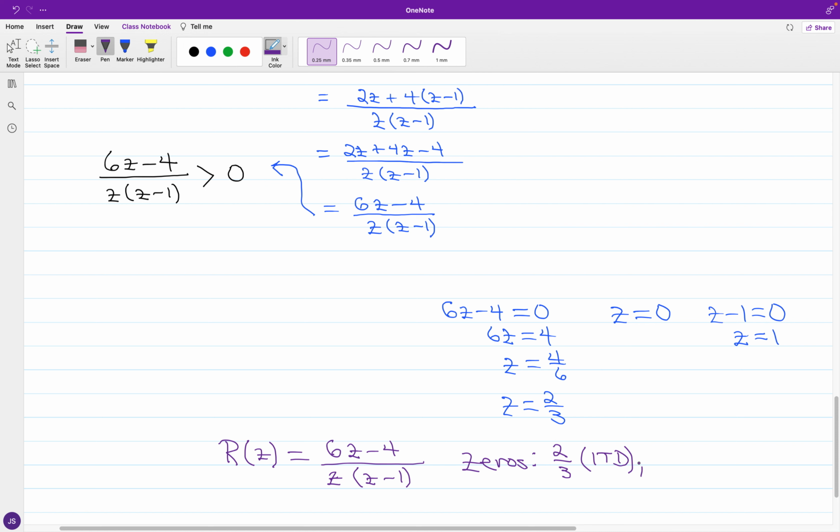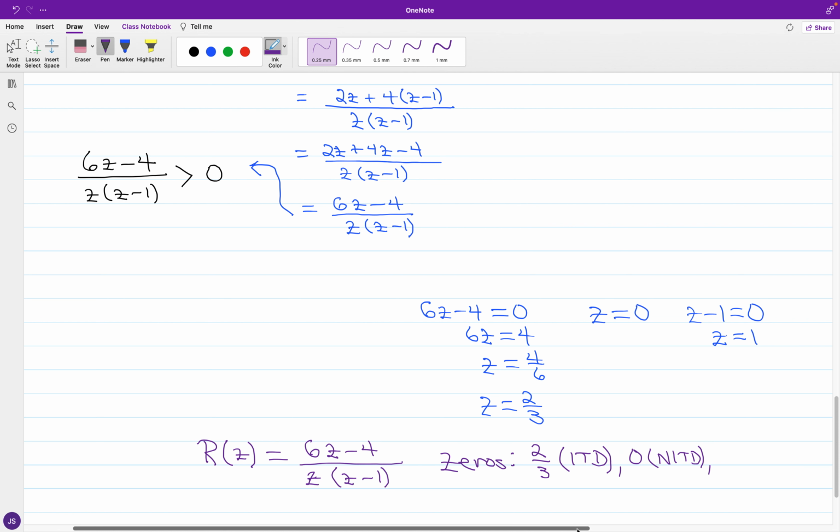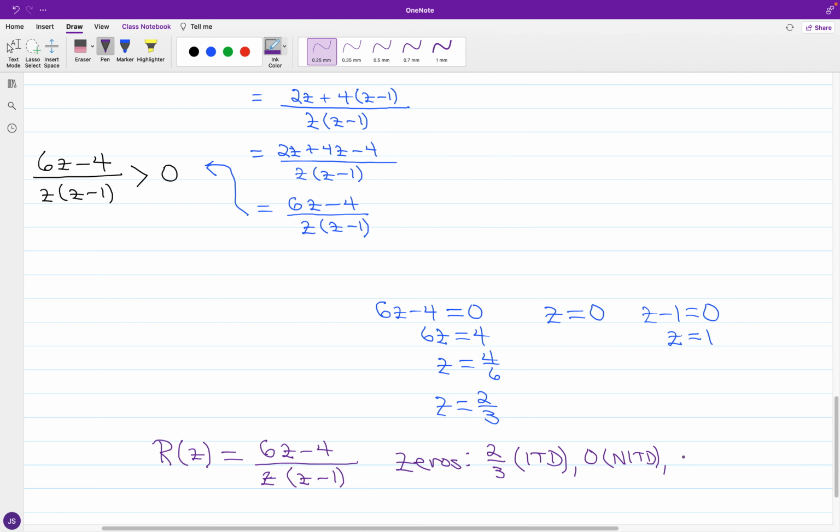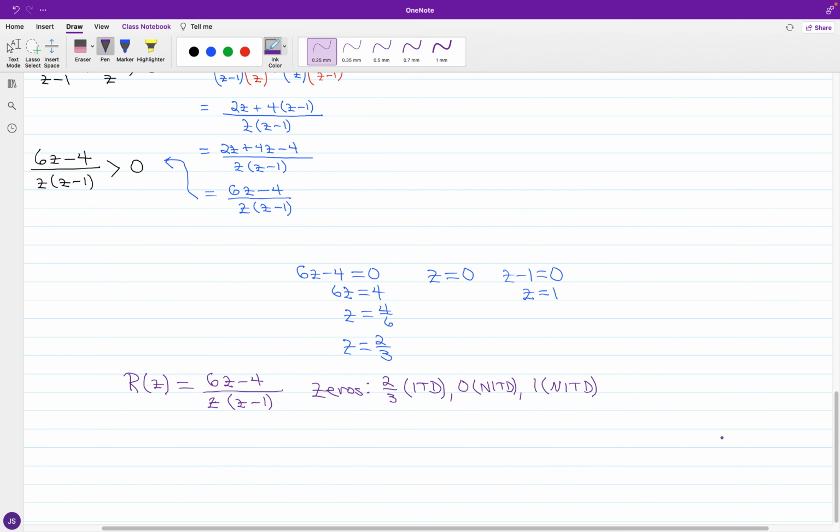And 0 stems from the z factor in the denominator, so that one is not in the domain. And from z minus 1, we have z equal to 1. Since z minus 1 is in the denominator, 1 is not in the domain either. And so, establishing what we have working around r of z.